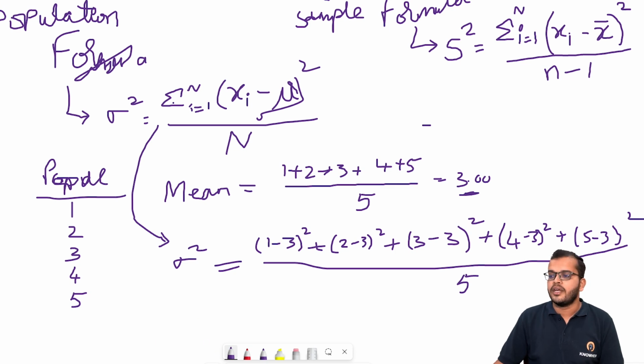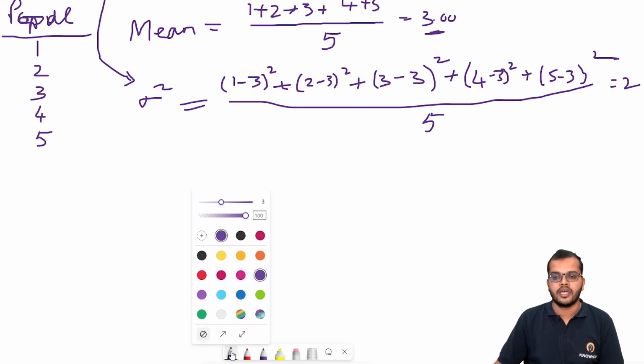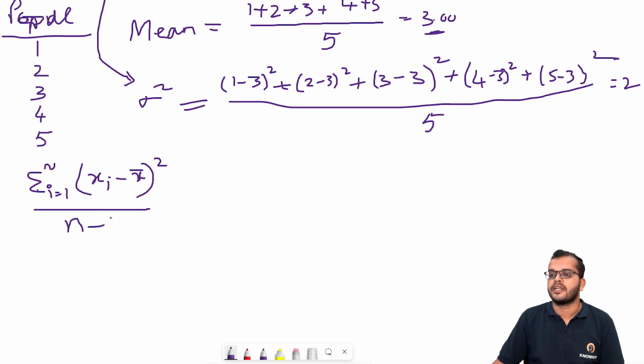In the same way, let's find the sample variance. The formula is the summation of xi minus x bar, whole square, divided by the total number of sample observations minus 1.